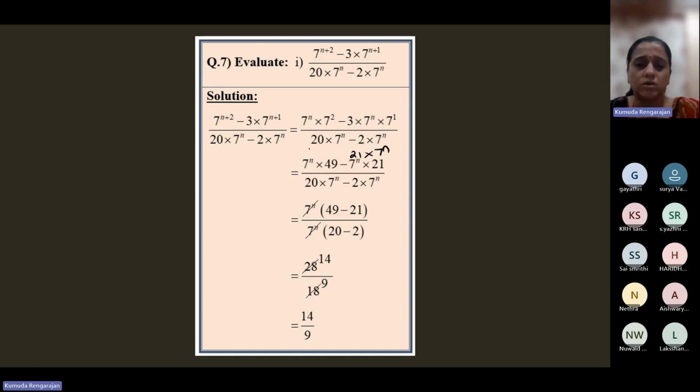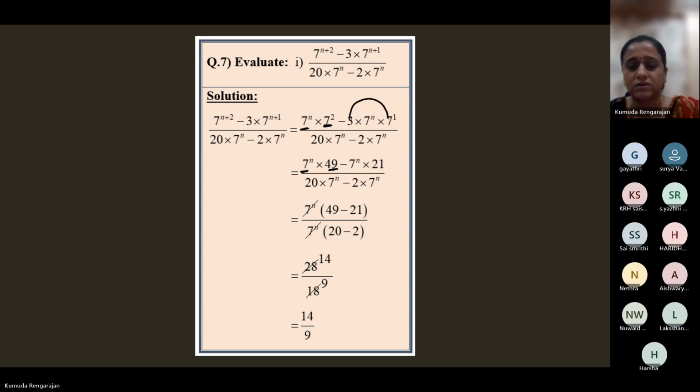Here also, you can write 49 first and then 7 to the power n. 7 squared is 49 and 7 to the power n. 3 7s are 21 and 7 to the power n. Denominator as it is.